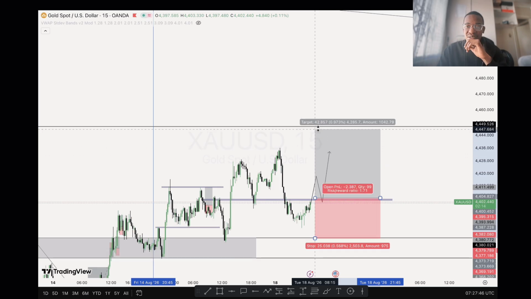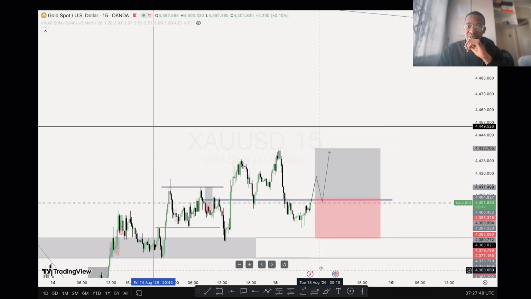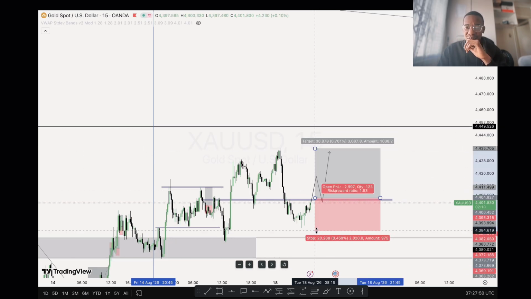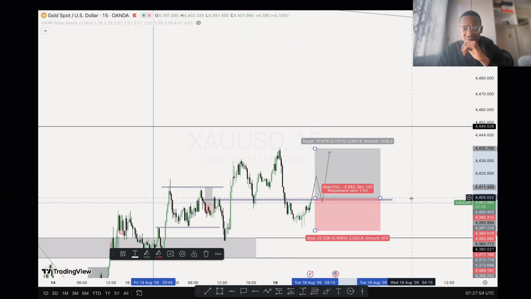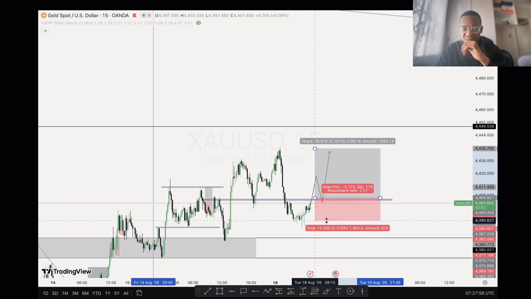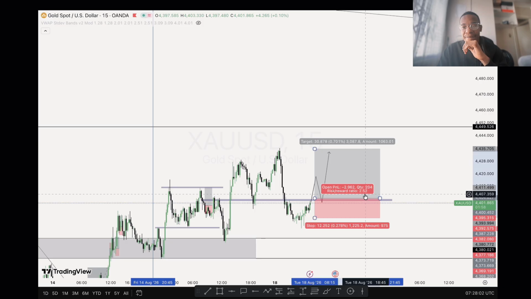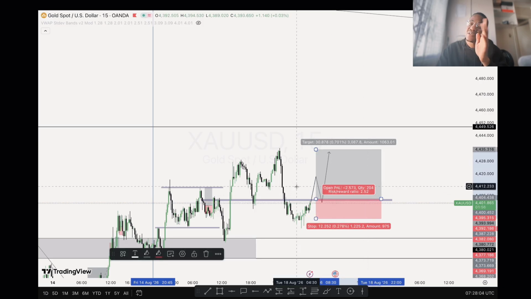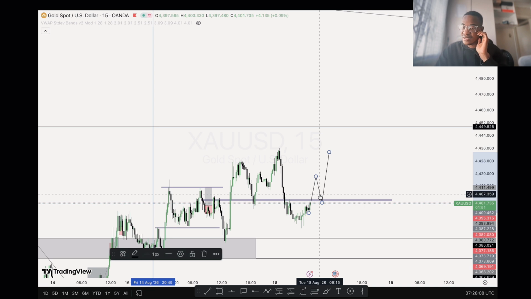But I won't be targeting the new high, I will be targeting the previous high, which will be a 1:3 trade. Only if it breaks above. If it doesn't, it means no trade for us.